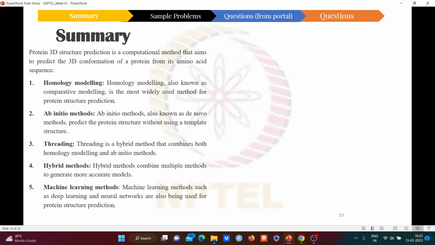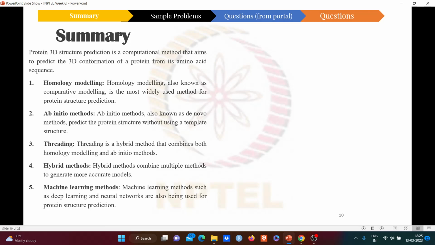This homology modeling involves the prediction of 3D structures based on its homology to a known protein structure.